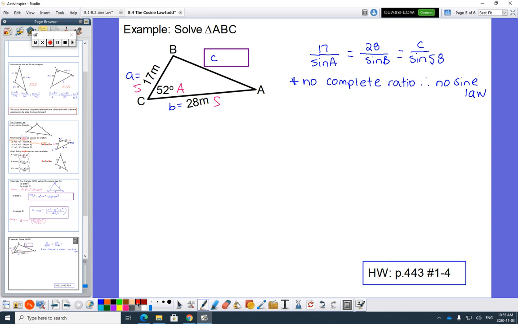But we have to use the cosine law because we have side, angle, side. So we want to find side C. What's left? A and B. And then the only angle we know is angle C. So it's like a C sandwich.